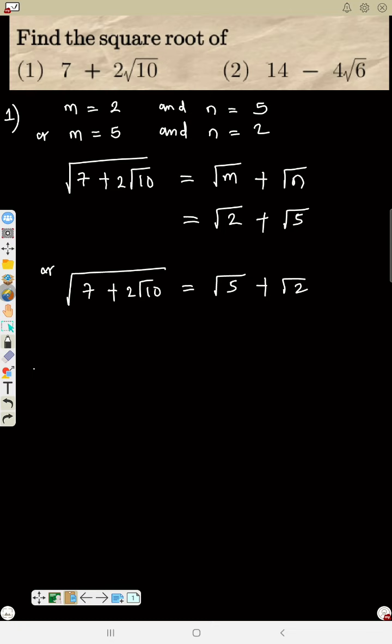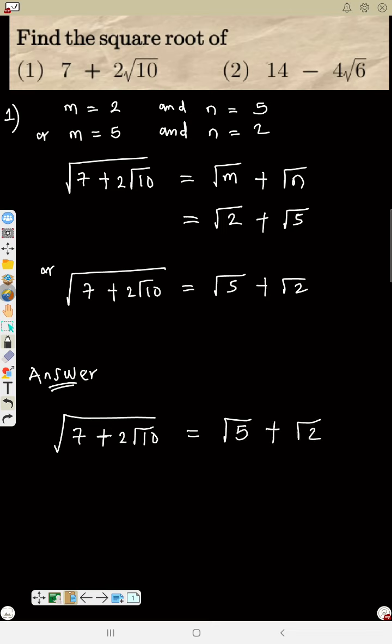That means the answer now, square root of 7 plus 2 root 10 is equal to square root of 5 plus square root of 2. If you like, you can write square root of 2 first plus square root of 5. Anyhow you write it, it's still the same thing.